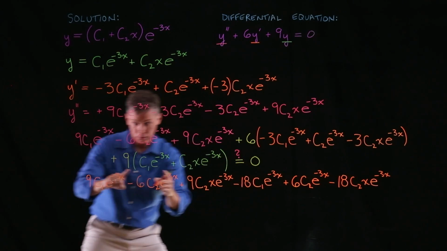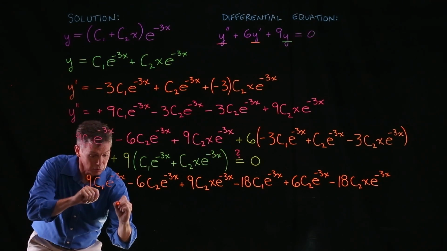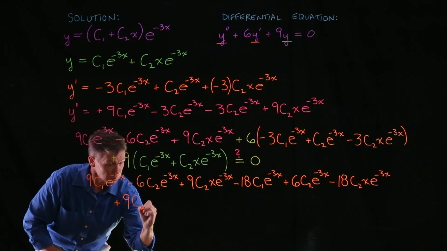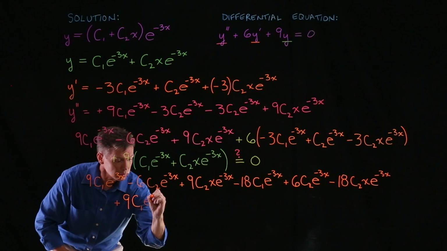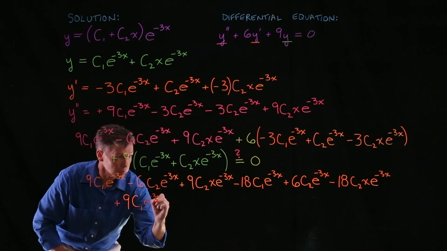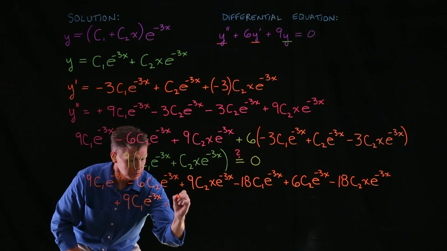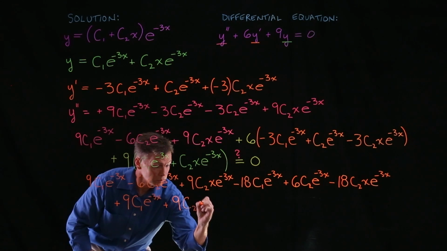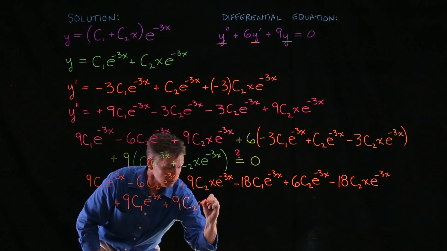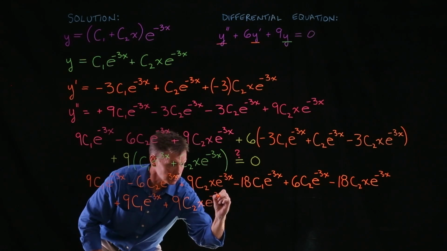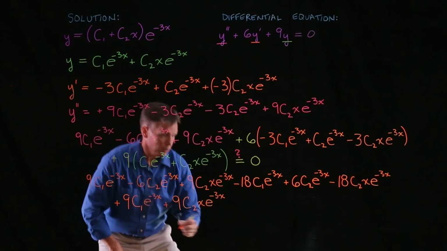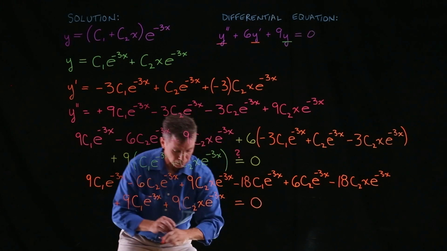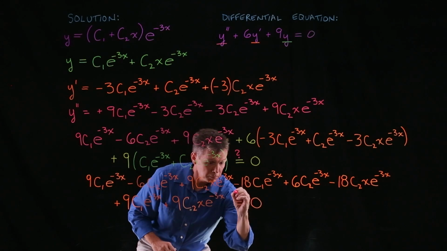Come down here and distribute through this 9: c1 e raised to the minus 3x plus 9 c sub 2 x e raised to the minus 3x. Phew, and we still have that question of does that equal 0?